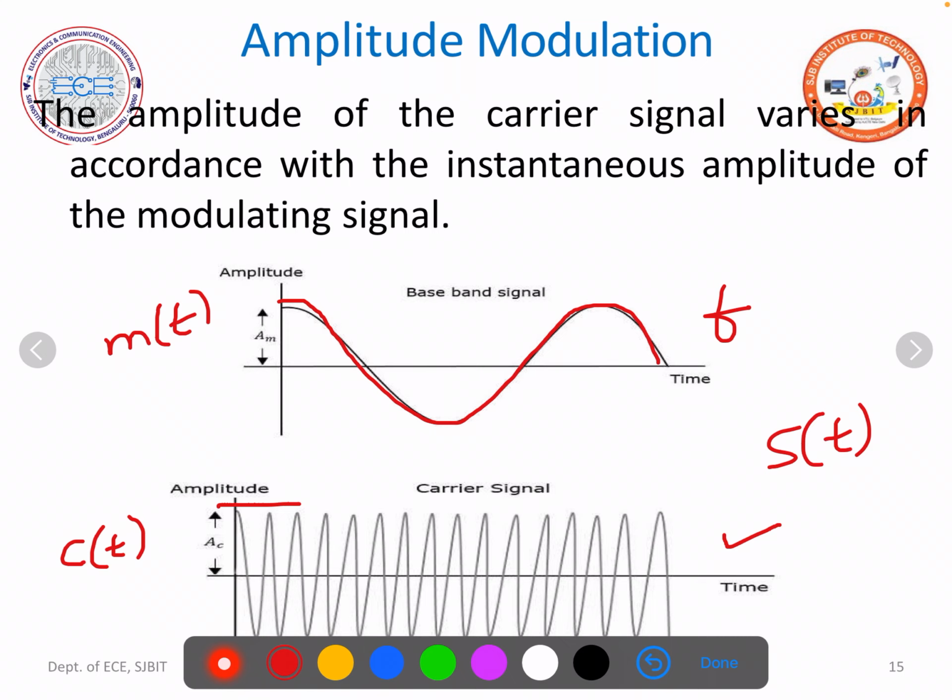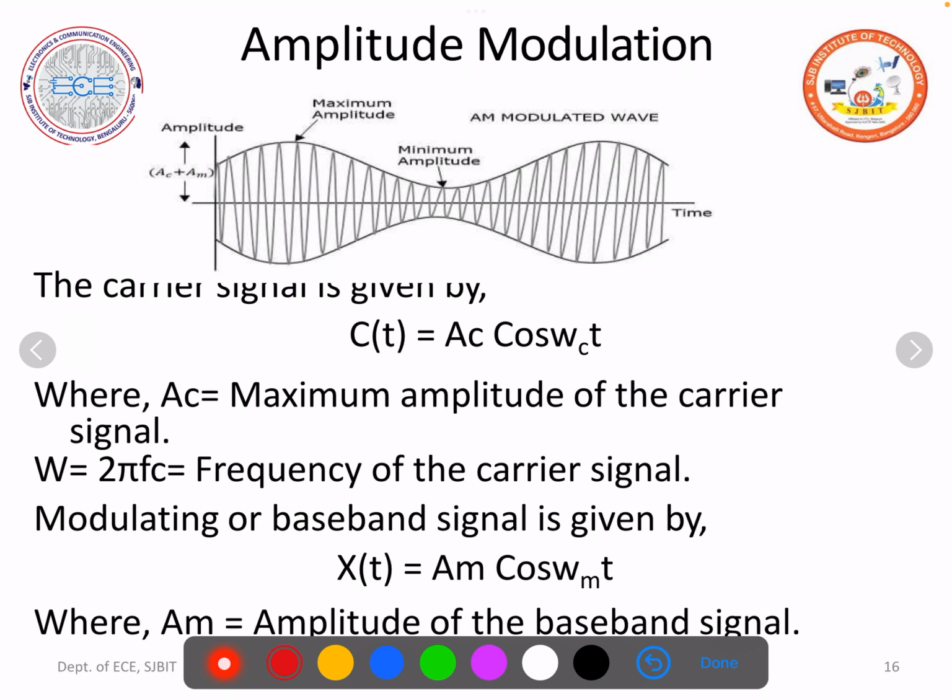The amplitude of the carrier wave is varied in accordance with the modulating signal. Frequency and phase will remain constant. You can see this is represented as s of t, the modulated wave. The amplitude or the shape of the modulated wave resembles the message signal, and this is basically the carrier wave frequency, c of t frequency.